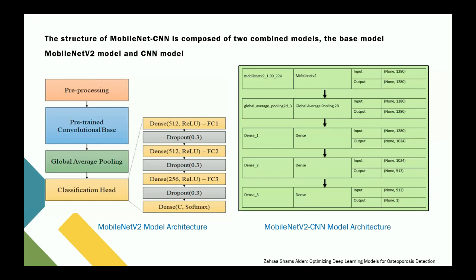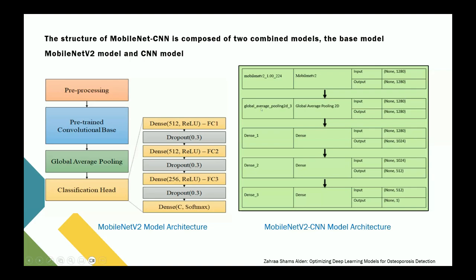So we integrate this MobileNet model in our model, using MobileNet and then our CNN model. You can see here that MobileNetV2 has a number of layers, the same layers used in its typical architecture.